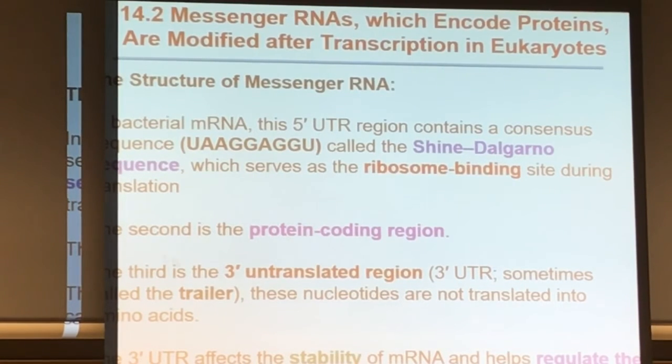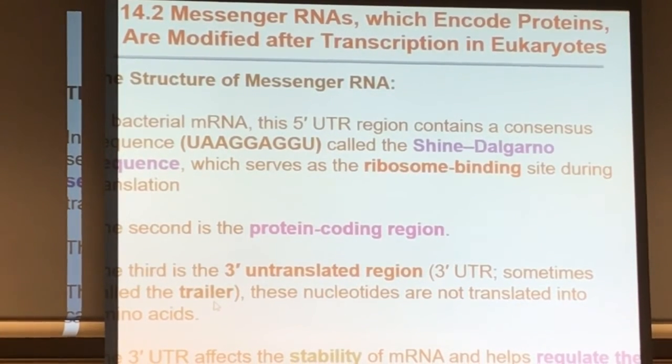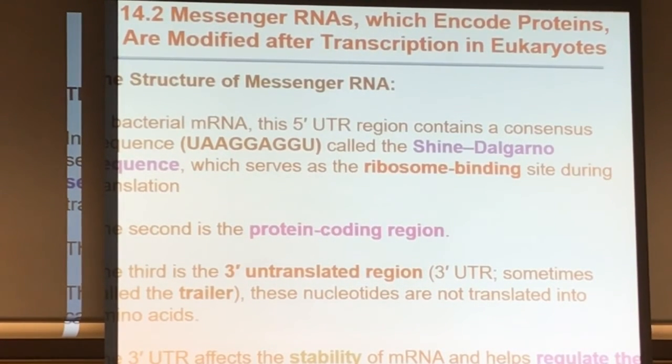So the second region is the protein coding sequence, and the third is the 3' untranslated region, also called the trailer region. So the 5' untranslated region is called the leader sequence, in the very end you have the 3' untranslated region, the trailer region, and in between you have the protein coding region.